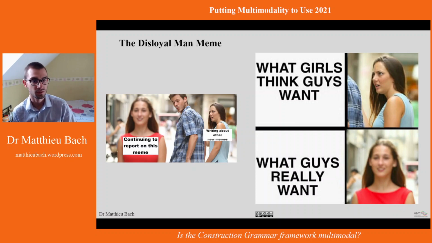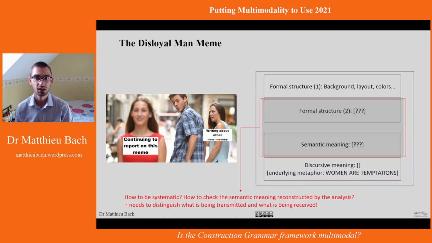And you can say, okay, you could write about other new memes because it's more interesting, but it's easier to continue reporting on this meme, and that's almost always the same structure. So how do we represent this meme on a constructional canvas, let's say?